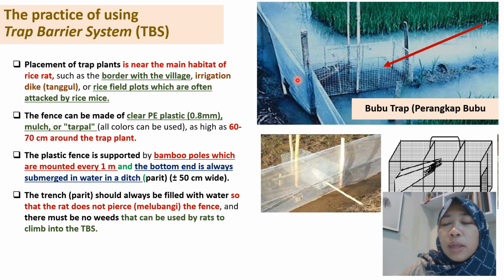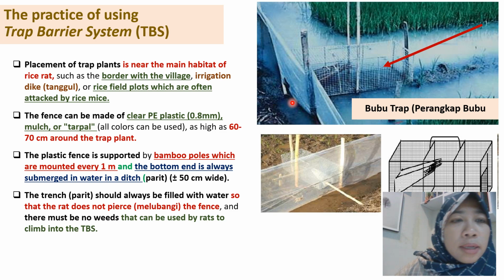This is a clearer photo of the inside of the TBS. The TBS is surrounded by a ditch, and the ditch should be filled with water. Dikelilingi parit, dan parit harus diisi dengan air.